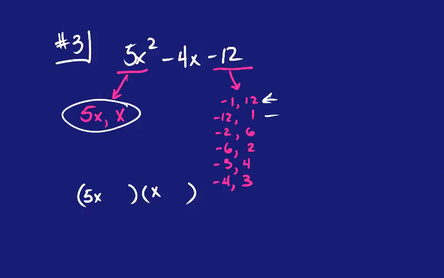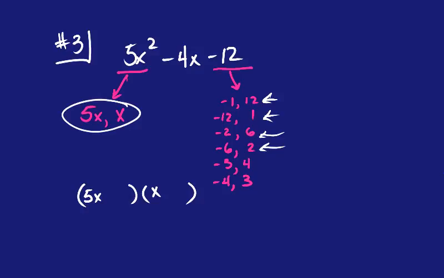Is it going to be this one? Is it going to be this one? Is it going to be this one? I'm just not sure. But I want to play this out and think about it before I start plugging numbers in. I know that I want them to add to negative 4. So this is where you really need to start thinking about where you put the numbers.